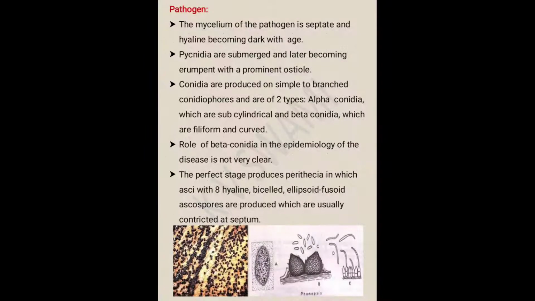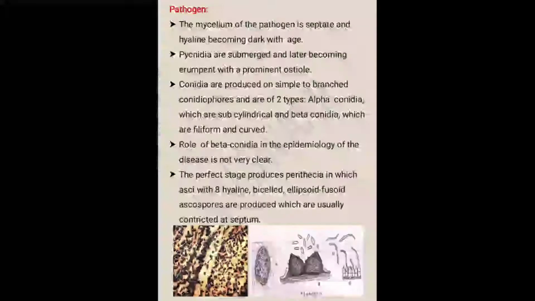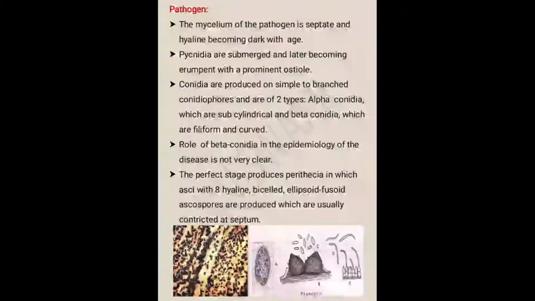The role of beta conidia in the epidemiology of the disease is not very clear. The perfect stage produces perithecia in which asci with 8 hyaline, bicelled, ellipsoid, fusoid ascospores are produced which are usually constricted at septum. Perfect stage means where the sexual stage is present.